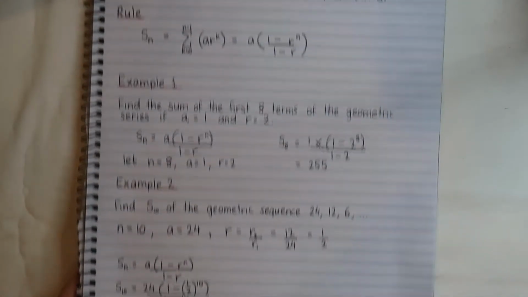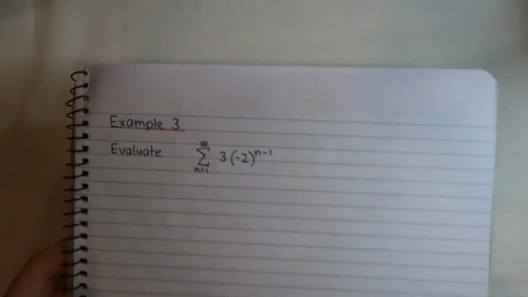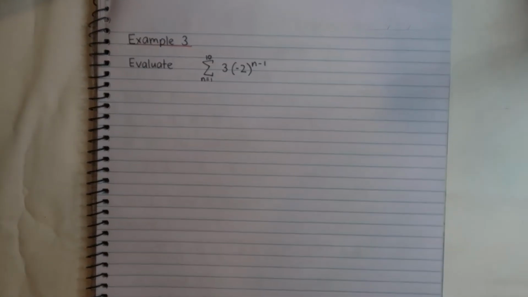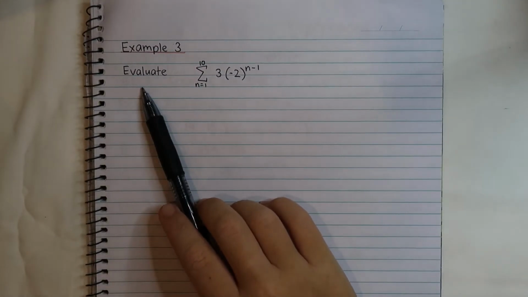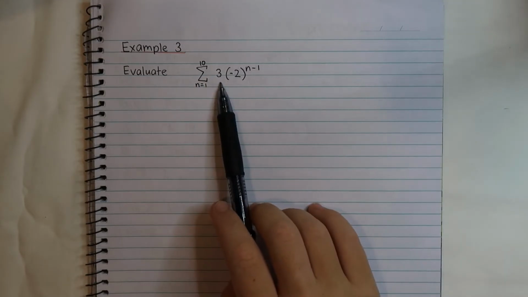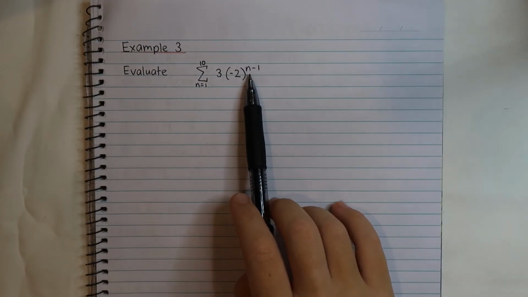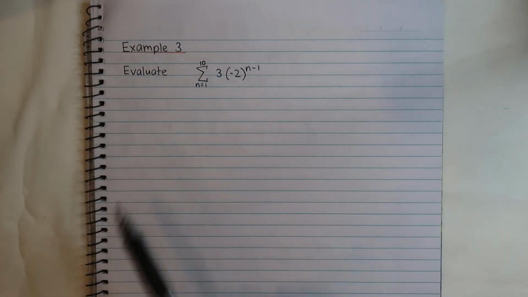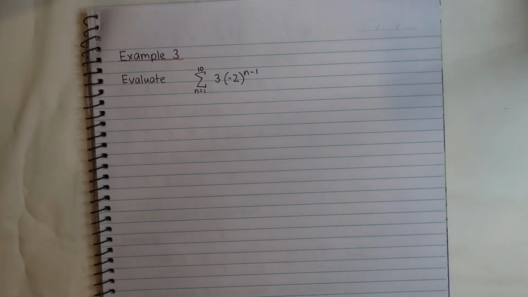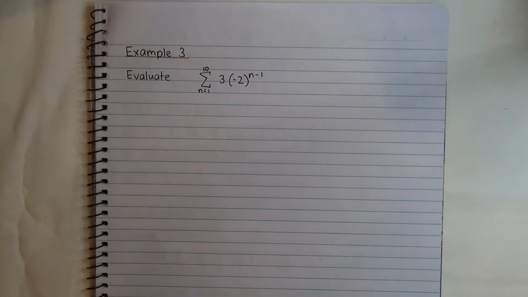Okay, so our last example that we're going to look at is very similar, but again, it's just displayed a little bit differently. So evaluate the sum of 3 times negative 2 to the power of n minus 1, where n starts at 1 through till 10. Okay, so we are finding the sum of the first 10 terms.